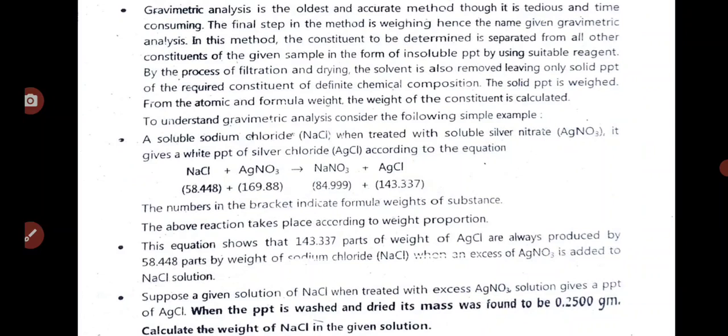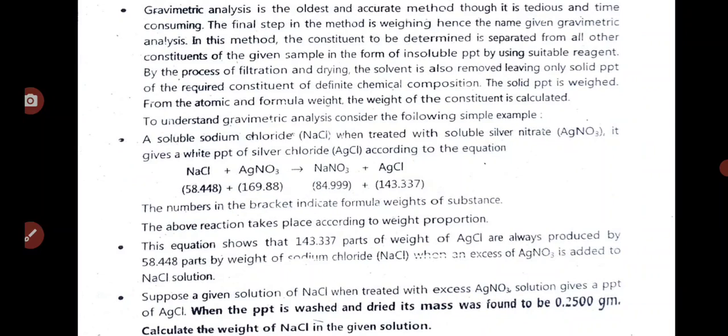To understand gravimetric analysis, consider the following example: sodium chloride, NaCl, is treated with soluble silver nitrate, AgNO3. This reaction gives a white precipitate of silver chloride, AgCl, according to the equation.